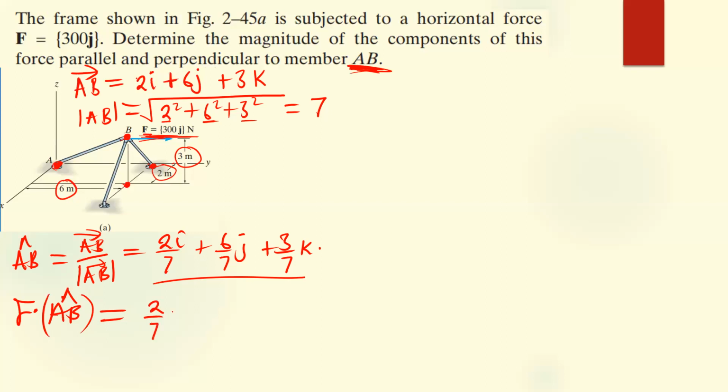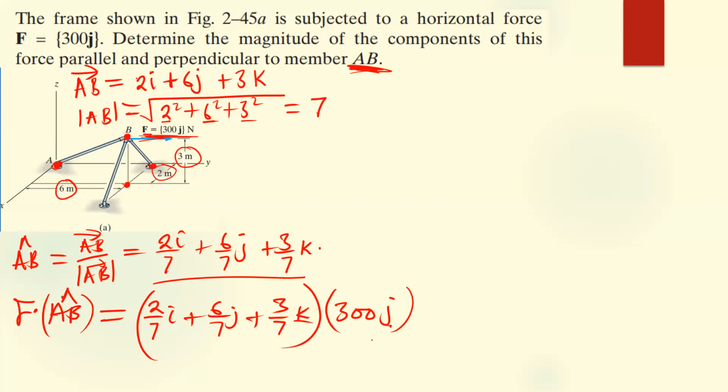We're going to have 2 over 7i plus 6 over 7j plus 3 over 7k, multiplying this with 300j. This one is only having j, and we don't have i and k. So j times k gives us 0, j times j gives us 1. There we have 6 times 300, then divide by 7, which gives us 257.1.